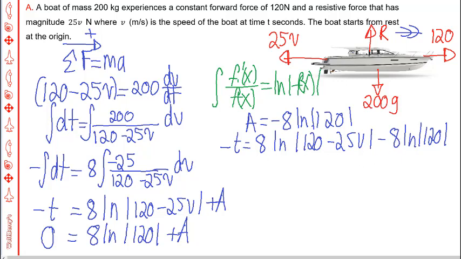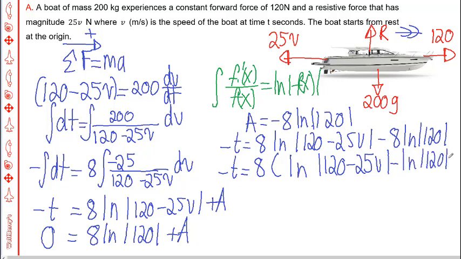So what we can do is we can say minus t equals 8, open bracket, these two lns here, minus ln 120. What that allows us to do is to use the laws of logarithms to combine these two together. Now we can also move the 8 here, so divide both sides by 8. So you get minus t over 8 equals, when you minus two logs, they become divide. So it becomes ln of (120 minus 25v) divided by 120.